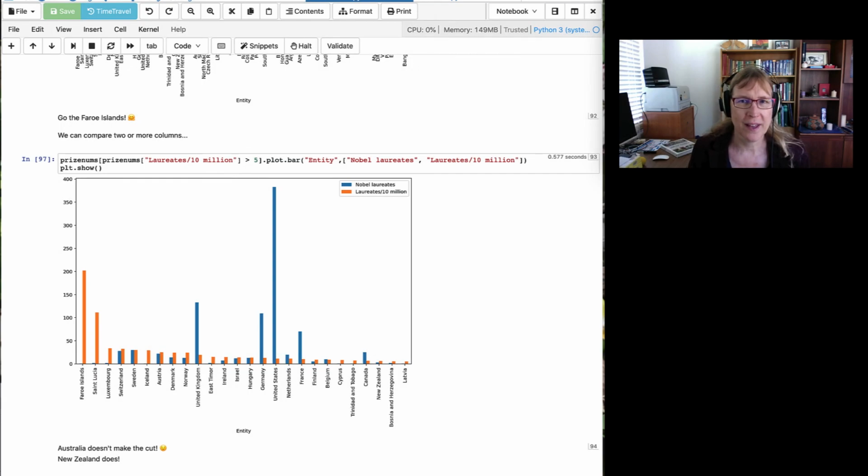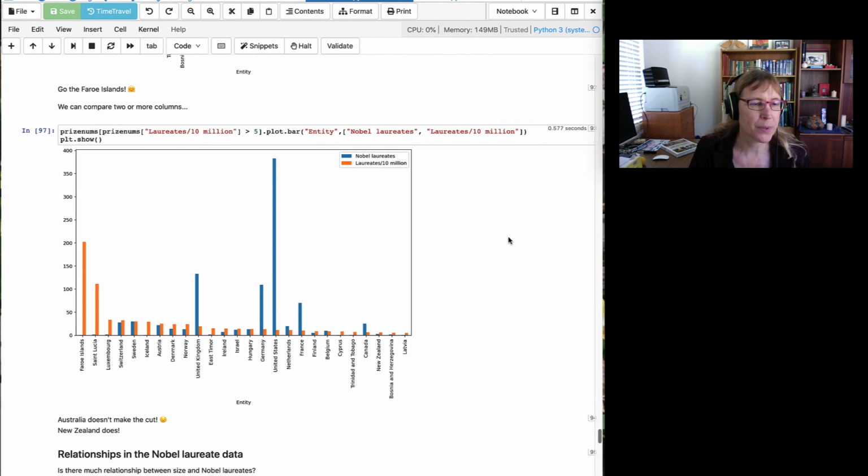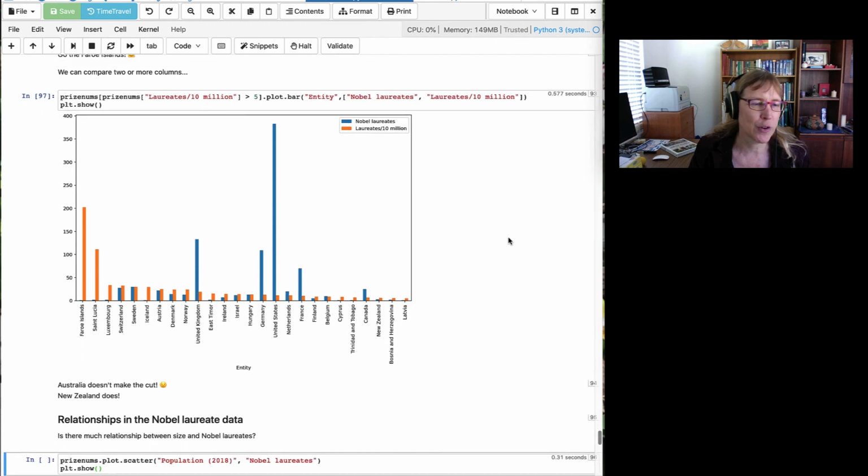Before we leave this section, what we want to start doing is looking at some of the relationships in the data and go back to answer some of those questions that we asked at the beginning. So we can use the visualization tools just to start looking at those relationships.